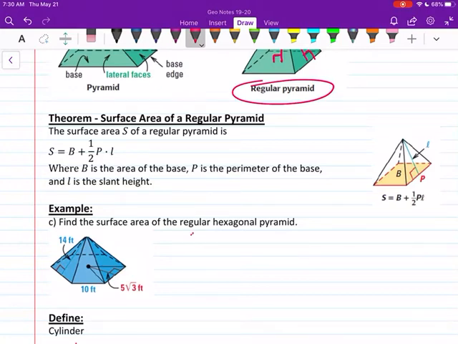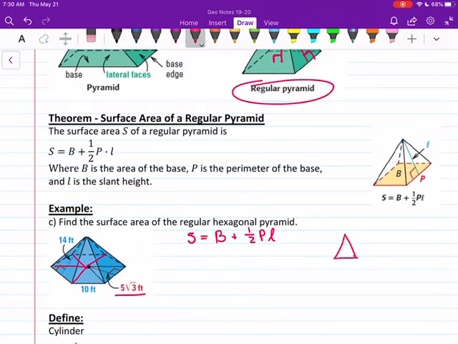So our formula, let's write it down, is surface area equals the area of the base plus 1/2 times the perimeter of the base times the height. Oh, good. They gave us the height of the triangle at the base. If we have a hexagonal pyramid, on the bottom here, my base, I can divide that base into 6 congruent triangles.